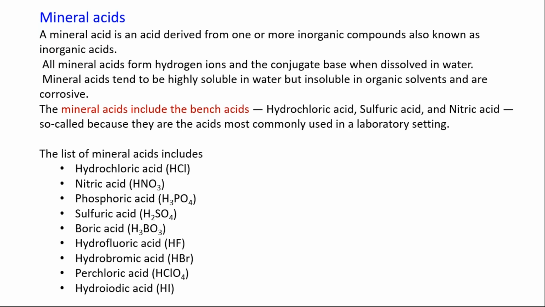Some of the mineral acids are known as the bench acids, and those bench acids are hydrochloric acid, sulfuric acid, and nitric acid. That is because these are most commonly used in the lab. The list of mineral acids is given here: hydrochloric acid, nitric acid, phosphoric acid, sulfuric acid, boric acid, hydrofluoric, hydrobromic, perchloric, and hydroiodic acid.